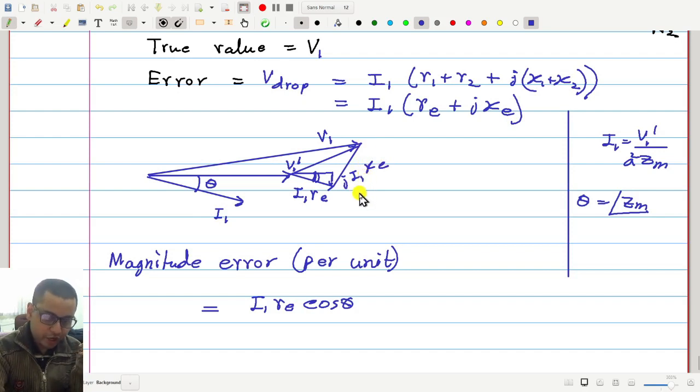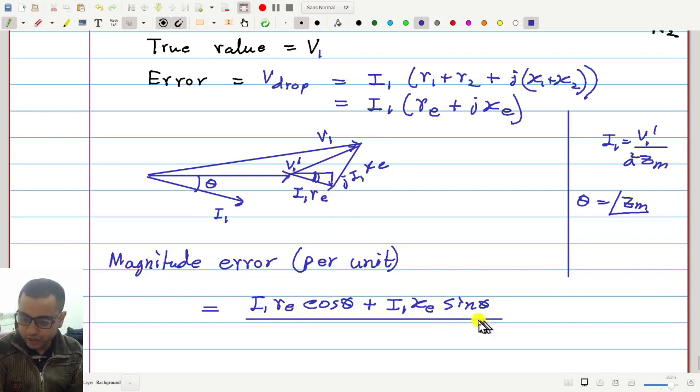And how much will be the horizontal component of this J I1 Xe? Anyone? Sine theta, that will be I1 Xe multiplied by sine theta, because this is at 90 degree. So these two are the horizontal components because of the resistive and inductive drops.